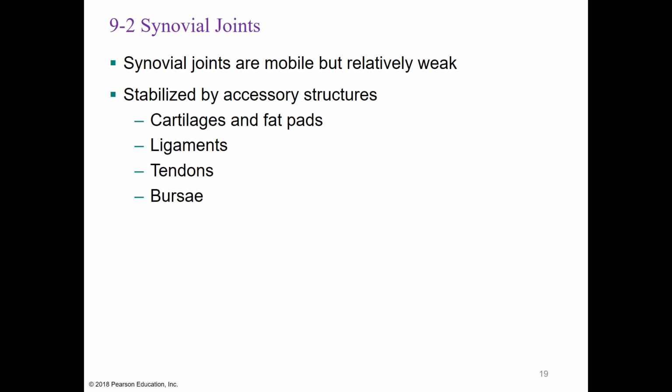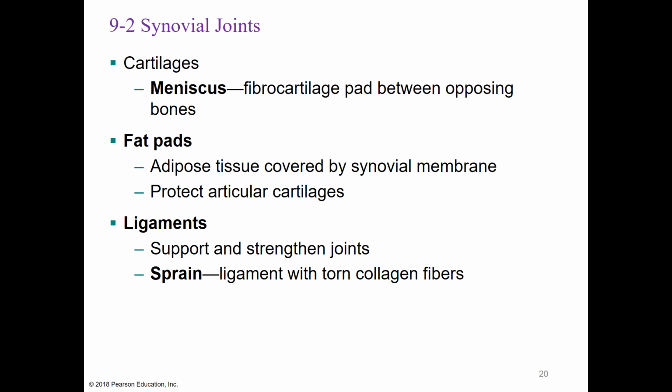So a cartilage that is common and very tough is called the meniscus, which is a pad of fibrocartilage bound between opposing bones. We also see fat pads, which are adipose tissue covered by synovial membrane, and it also serves to protect the articular cartilage in the joint.